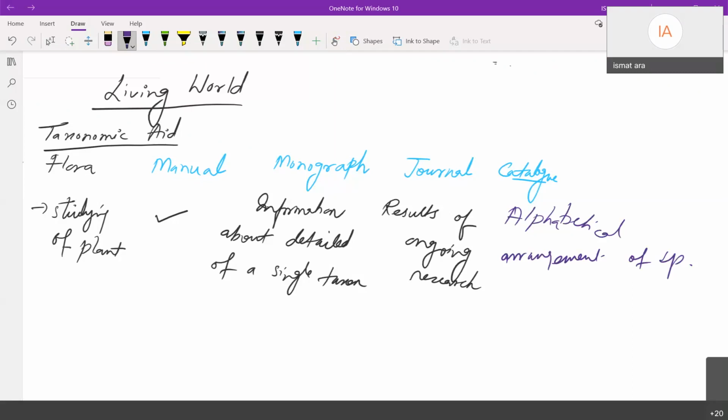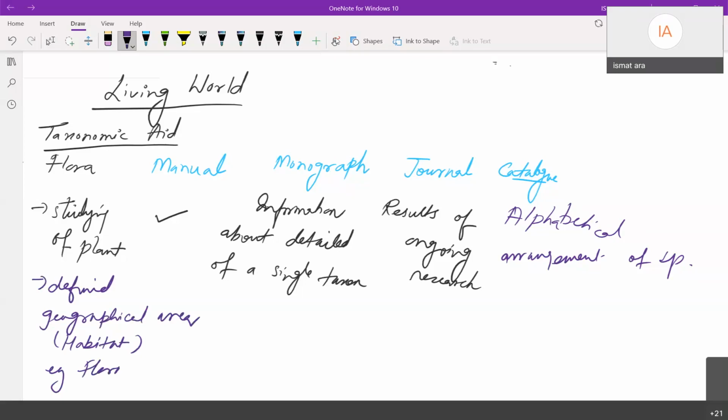Now flora means, if I'm talking about the flora, I'm talking about the flora of a particular defined geographical area, that is called habitat. In a manual you study plants of a particular defined geographical area, and in a manual you will give the description part also.